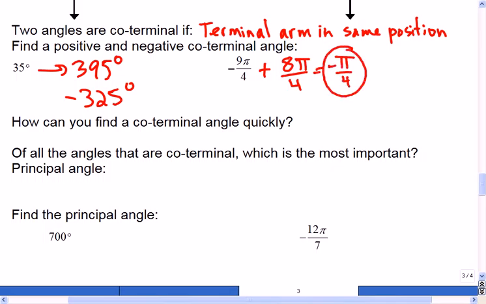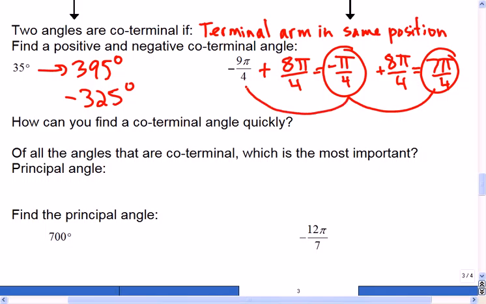That's one coterminal angle, which is also negative. And I would have to add 2 pi again to get a positive one. So if I add 8 pi over 4, I end up at 7 pi over 4. So all three angles here are coterminal. One of them is positive, one of them is negative. Okay. So that's how we find it quickly.